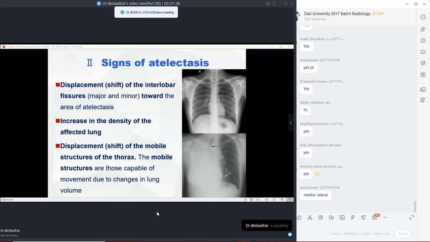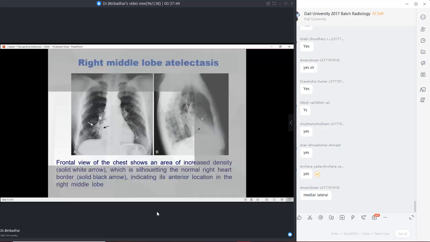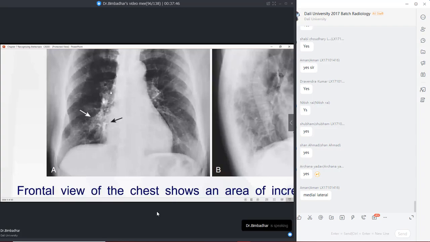But in the other picture, they became straight. Did you get it? And the bronchus intermedius is pulled lower. So the pulmonary artery and the bronchus intermedius have a straight appearance. This is why I understand that there is a pulling of the structure, displacement of the mobile structure, right?